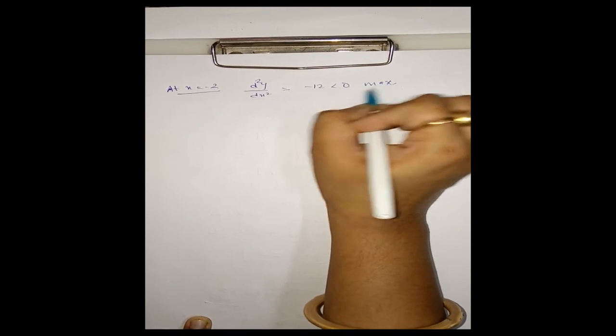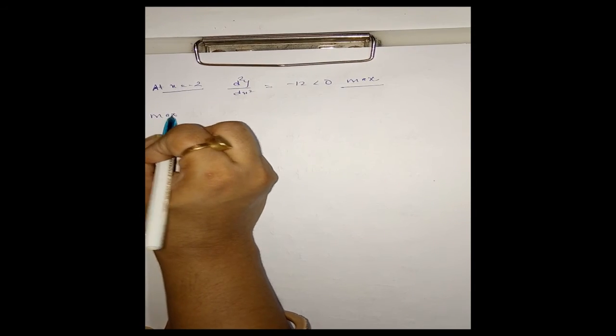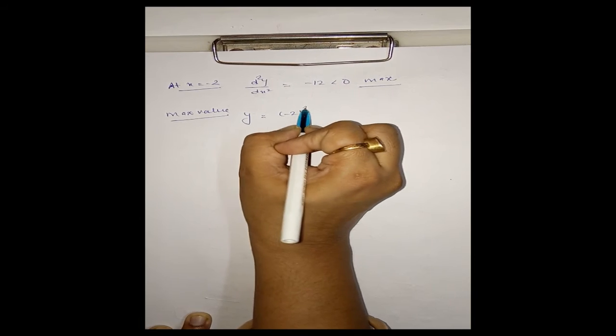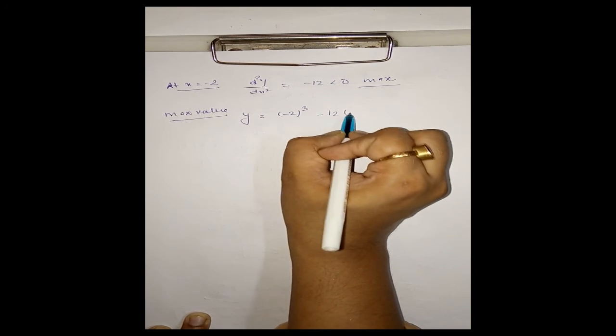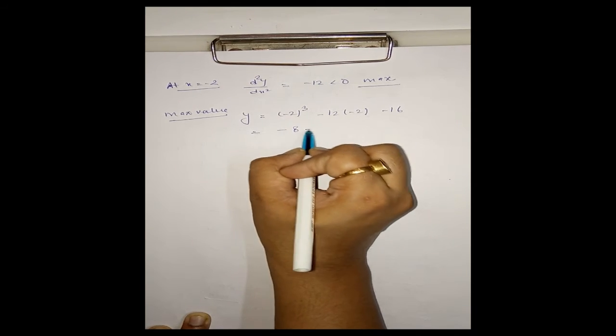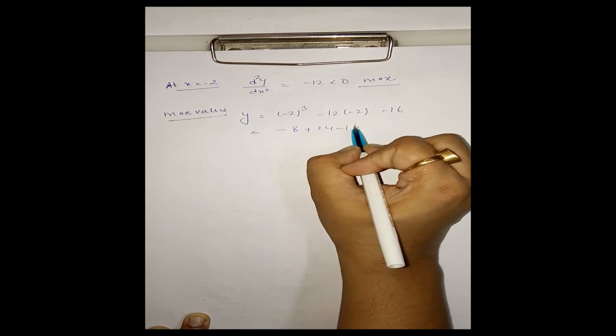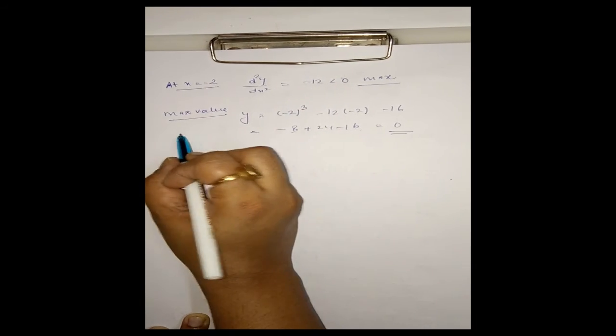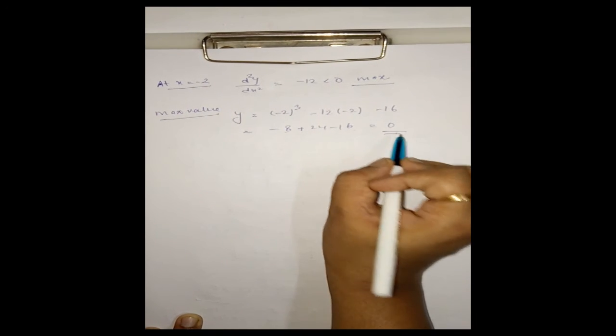That means maximum value, and maximum value is y is equal to minus 2 whole cube minus 12 into minus 2 minus 16. That is, this is minus 8 plus 24 minus 16, that is 0. Therefore, maximum value is 0 and minimum value is minus 32.